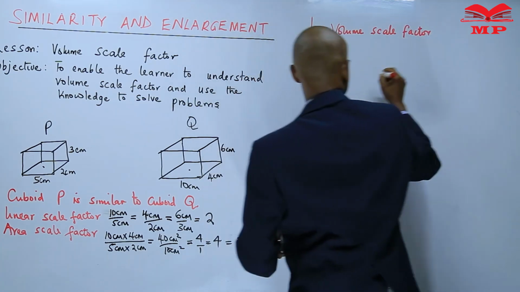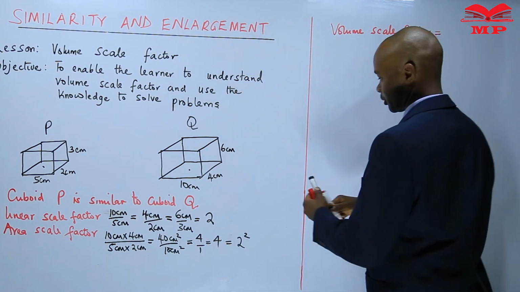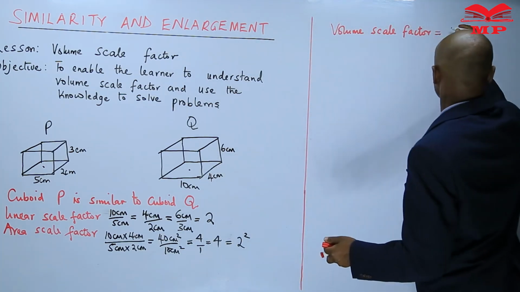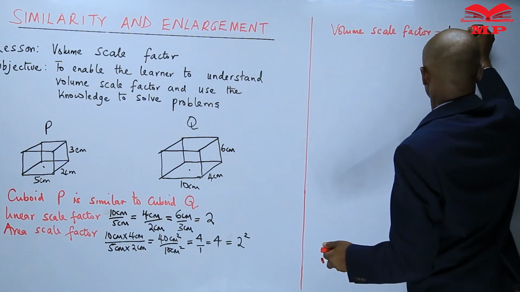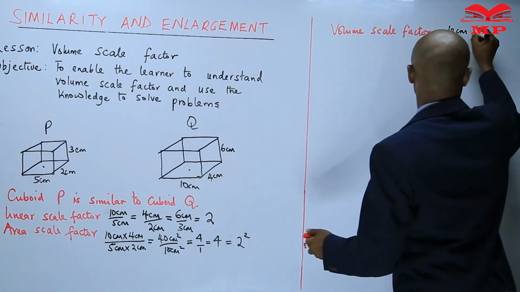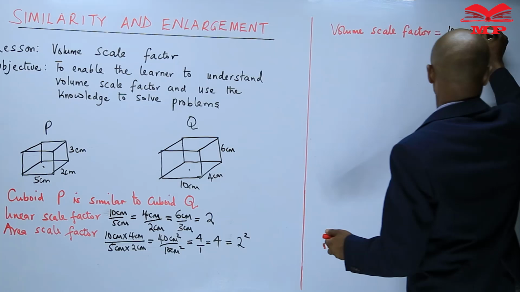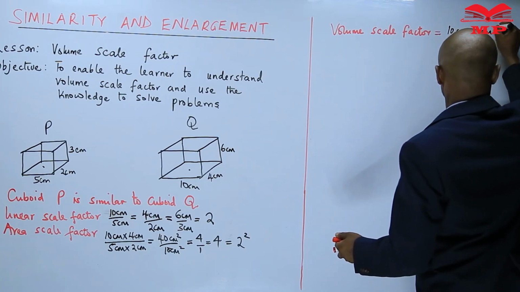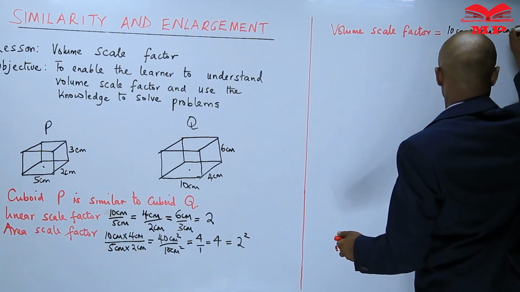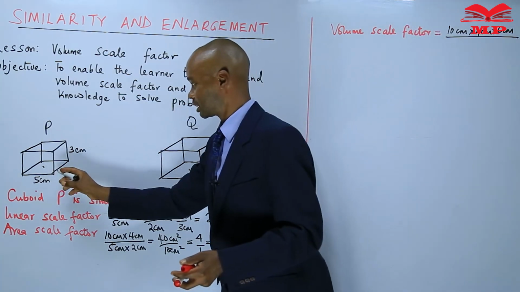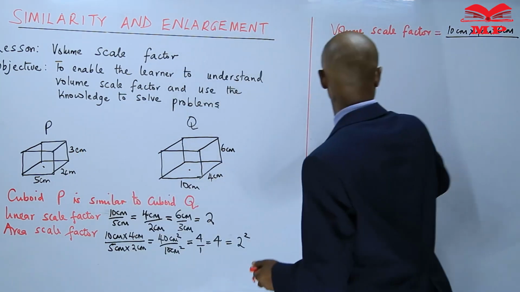You take the volume of the bigger one, 10 centimeters times 4 centimeters times 6 centimeters, and divide by 5 centimeters times 2 centimeters times 3 centimeters.